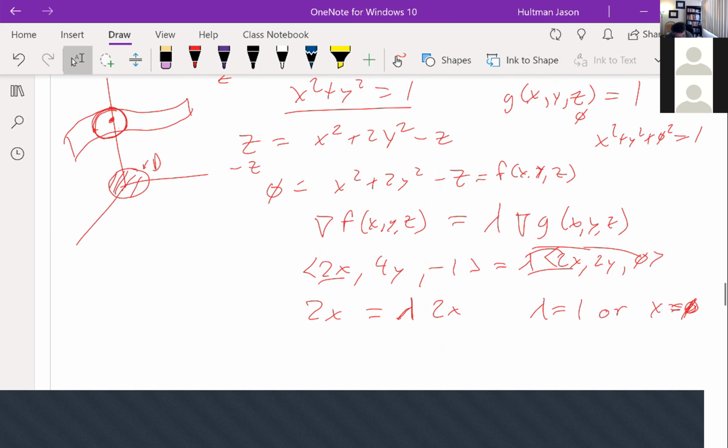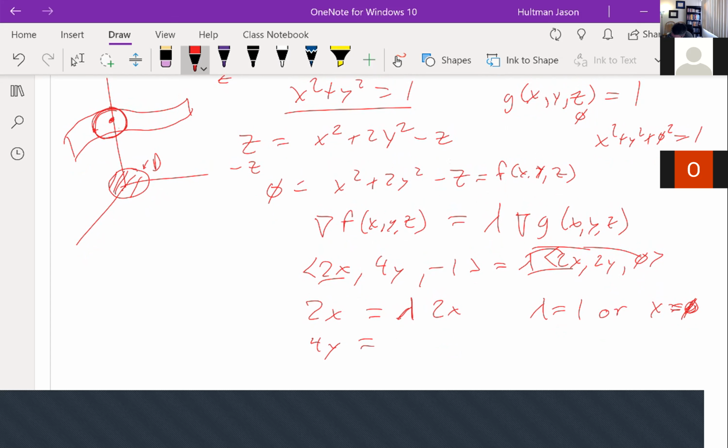Okay, what about the next one here? Well, 4y is equal to lambda 2y.